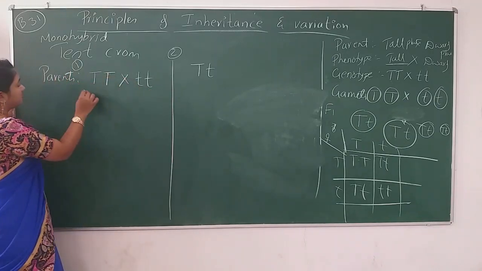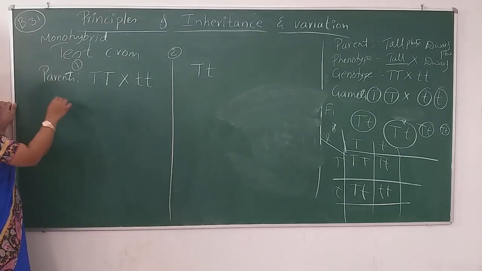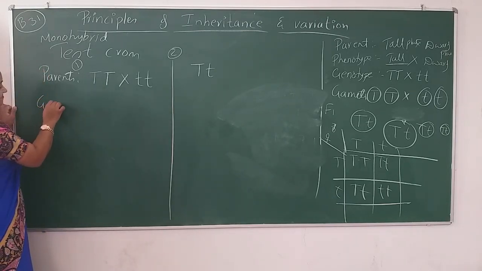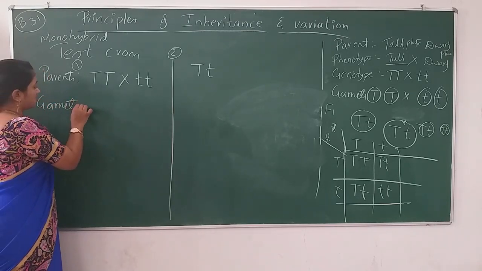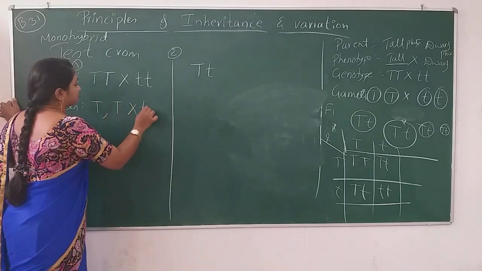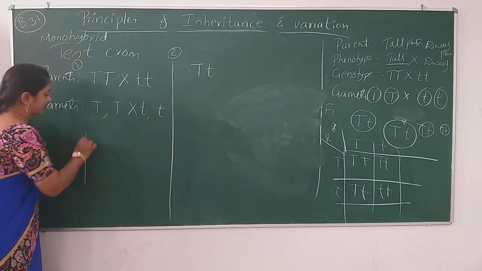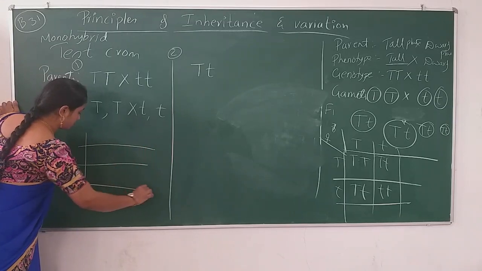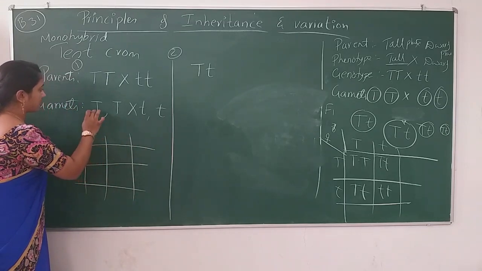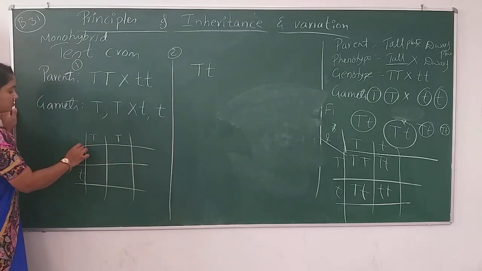Alright, so what will be the next process? If this is the parent, the gametes will be capital T and capital T, and small t and small t. Just put the Punnett square and cross it: capital T, capital T, small t and small t.